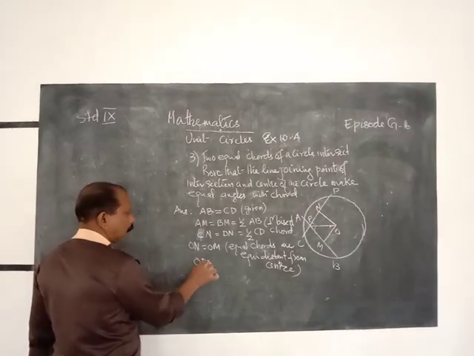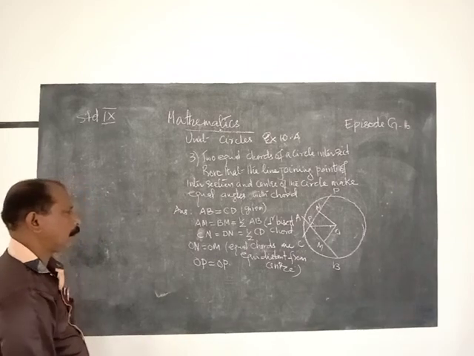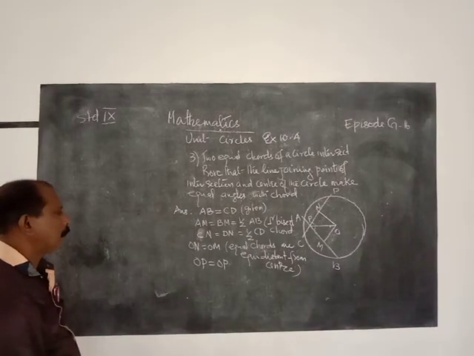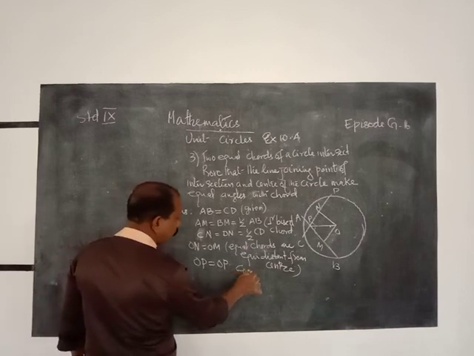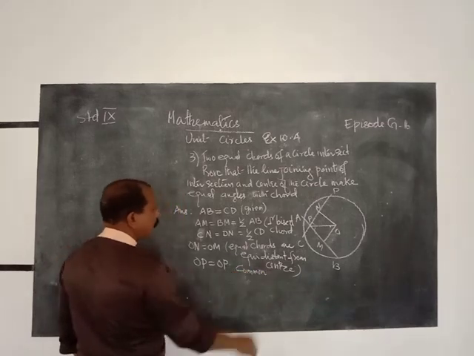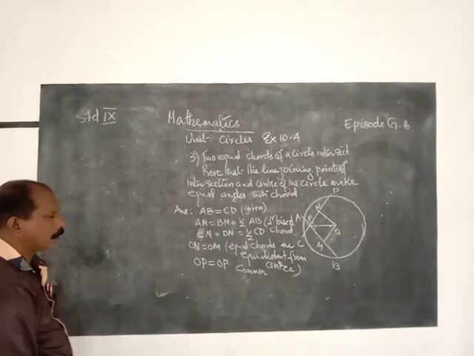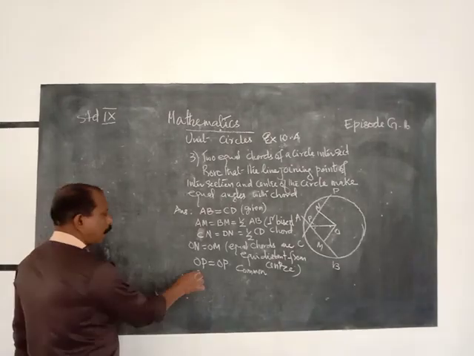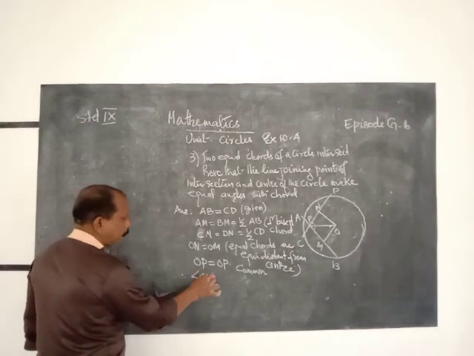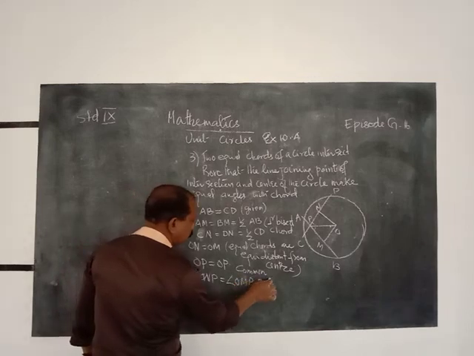OP is equal to OP. Correct. Angle OMP is equal to angle ONP is equal to 90 degrees.